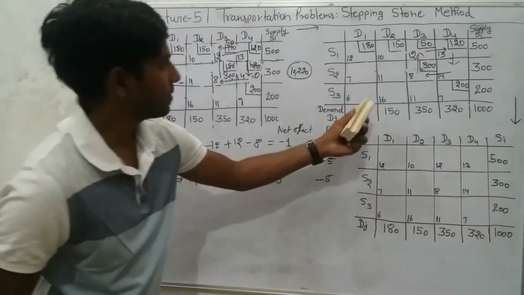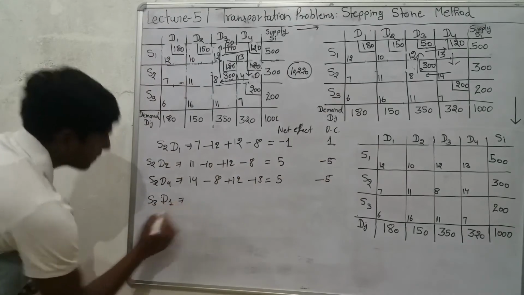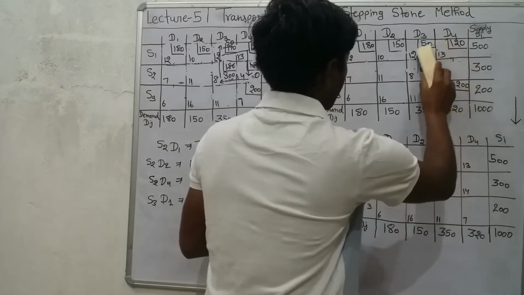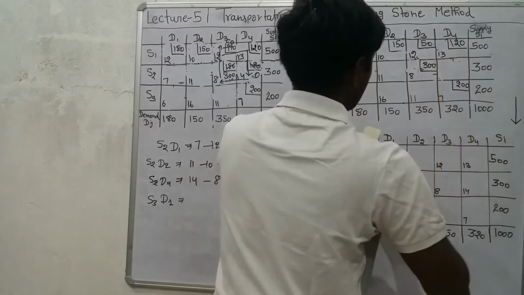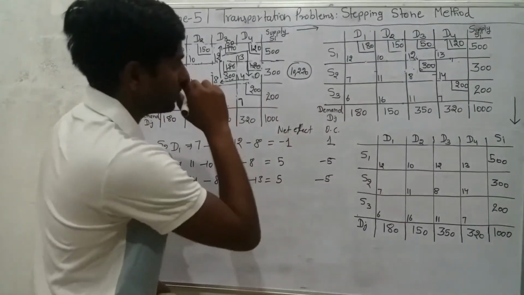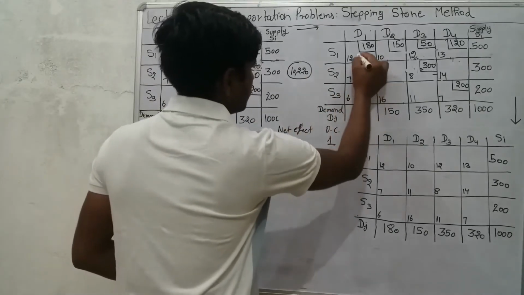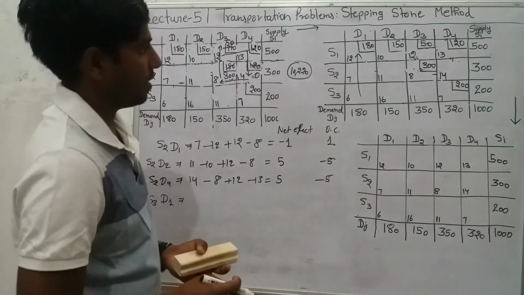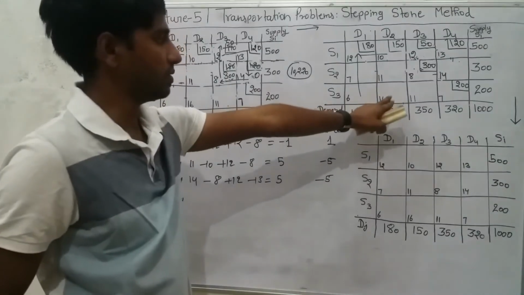Next one is S3 D1. Just clear it. So what would be our route? We are going to start from where? We are going to jump to this cell by skipping the occupied cell. Now where are we going? Can we stop here? Just look down in the column.